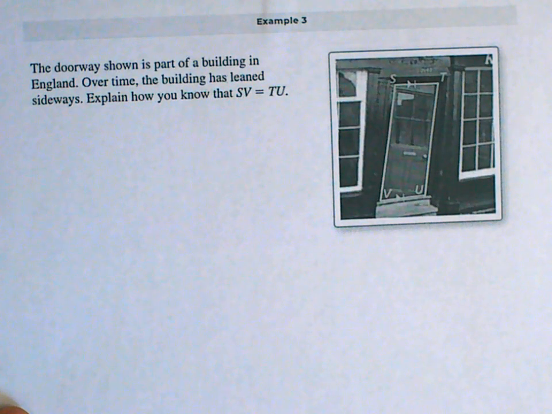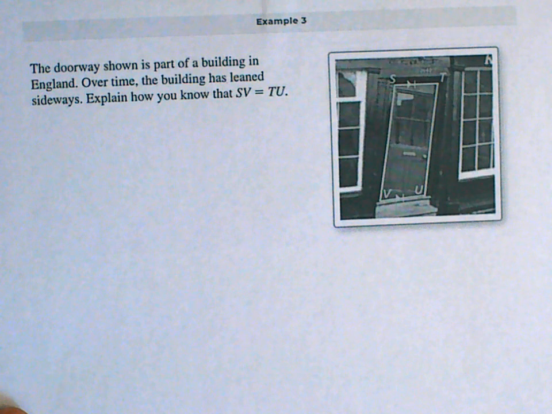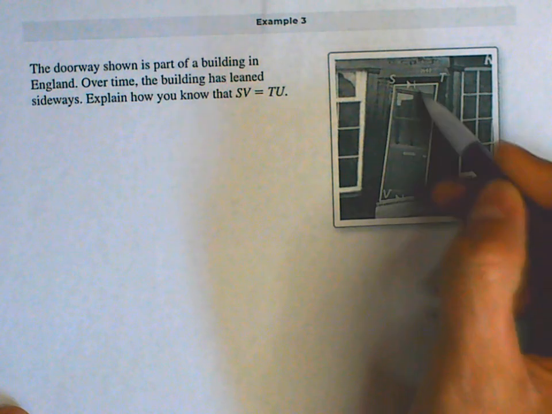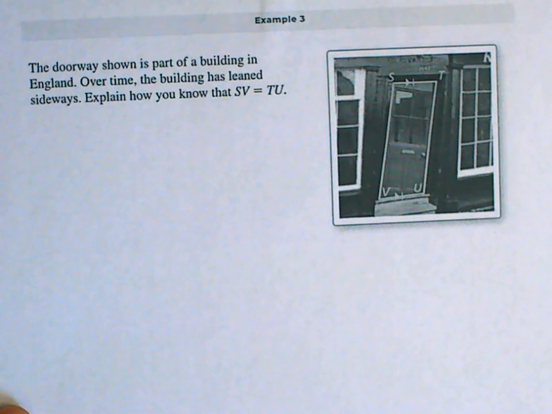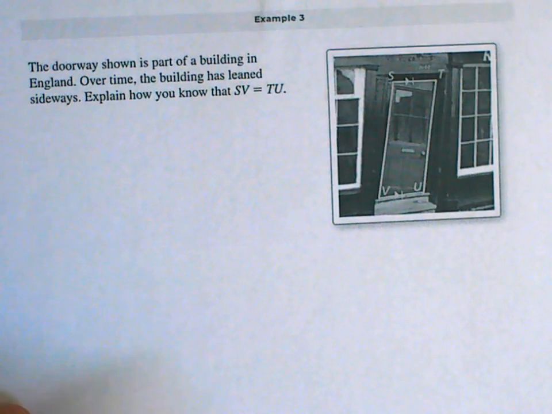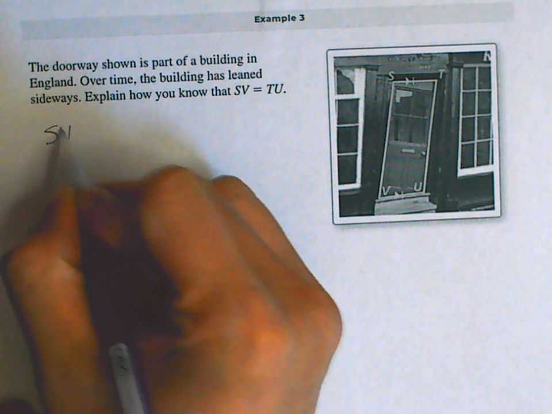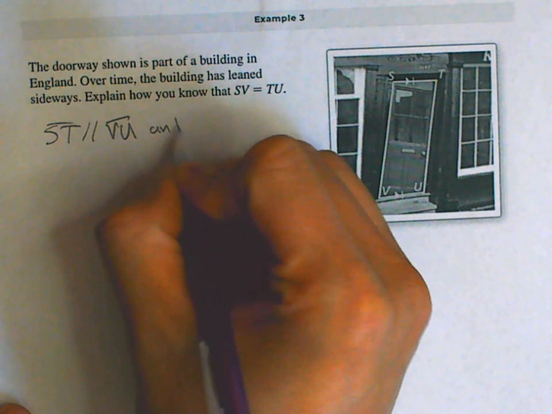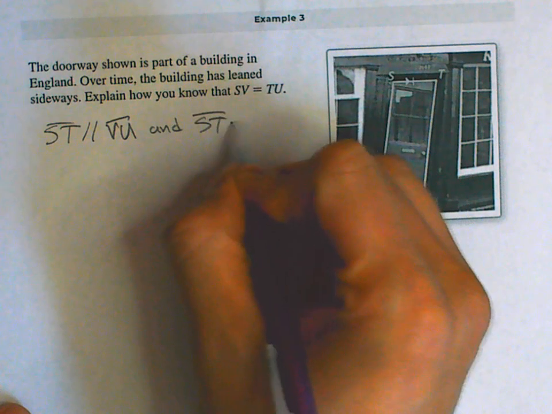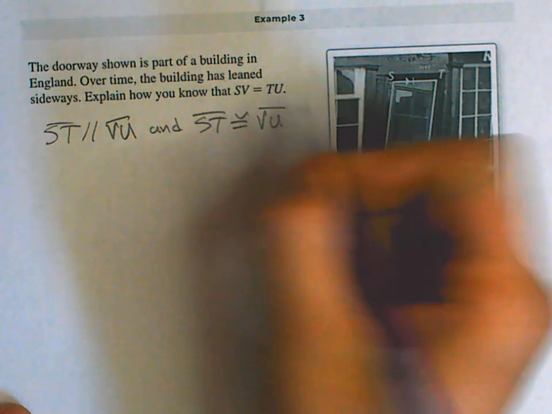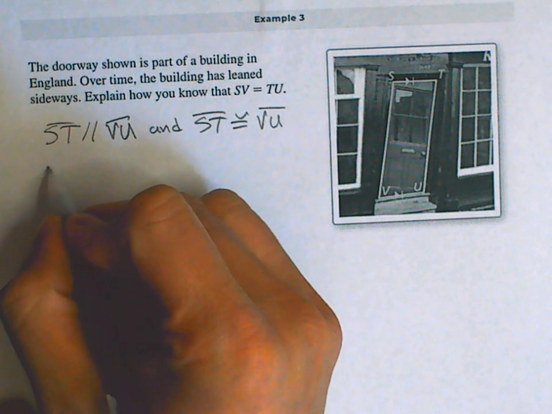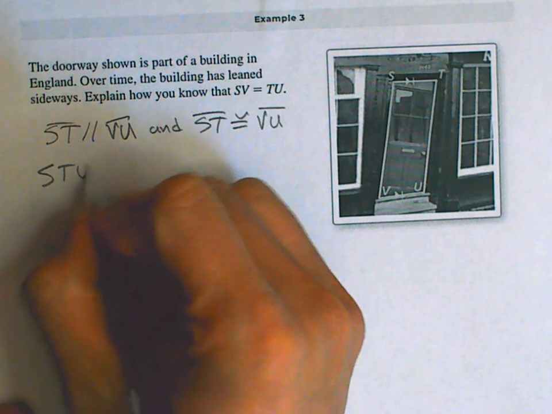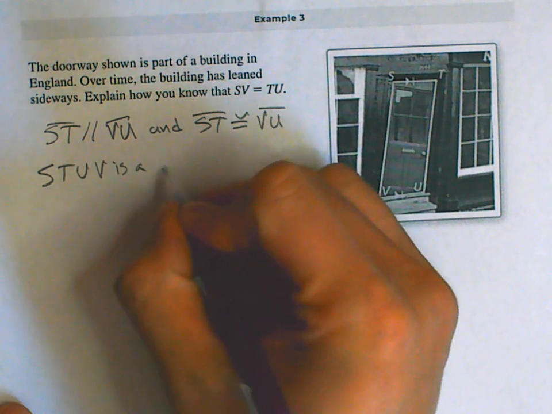So here's the thing, okay? The opposite sides parallel and congruent theorem states that if you have a quadrilateral that has a pair of sides that are both congruent and parallel, then this is going to be a parallelogram. So here, because you do have ST parallel to VU and ST congruent to VU, that is going to imply that STUV is a parallelogram.